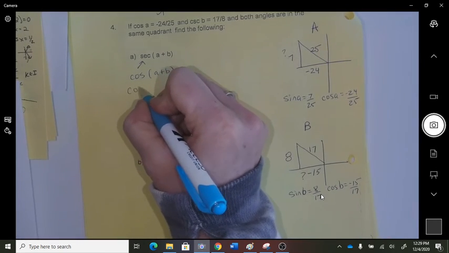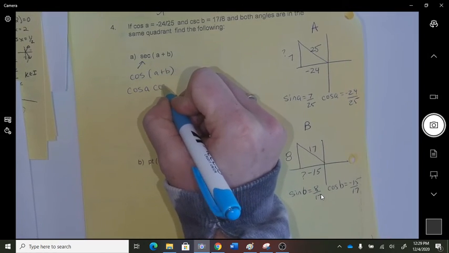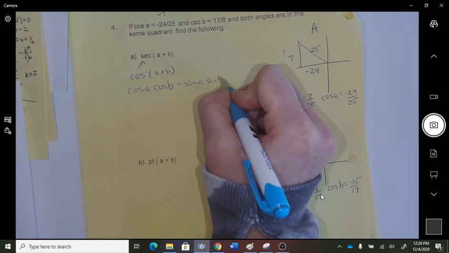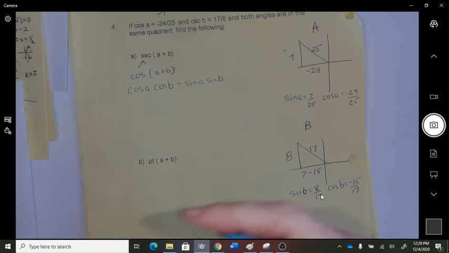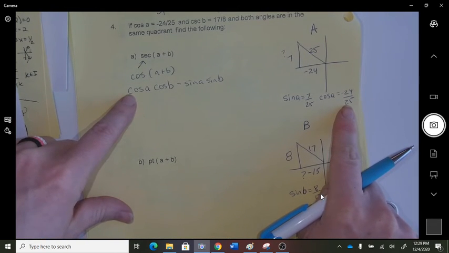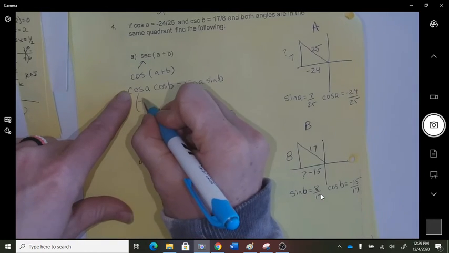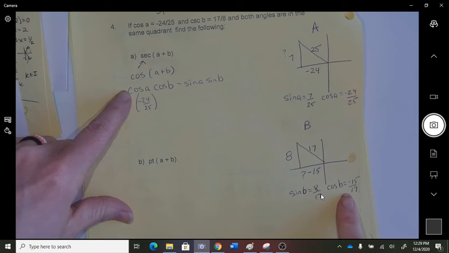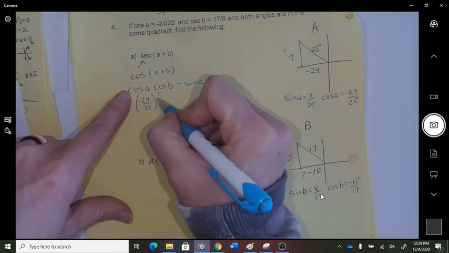Okay, so cos A, cos B, minus sine A, sine B. Okay, so let's find everything. So here we go. There's my negative 24 over 25. Cos B is negative 15 over 17.